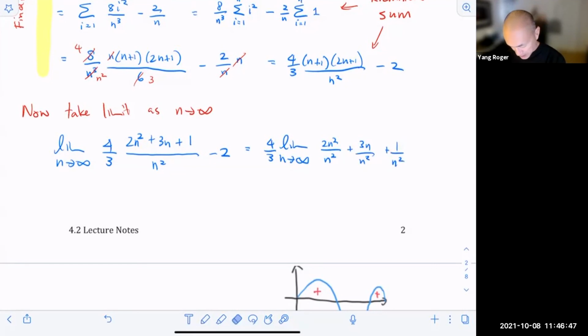But then the second piece is going to be minus the limit as n goes to infinity of 2. So when we look at this, the n squared and the n squared cancel out here, and one n here cancels out with one of those.